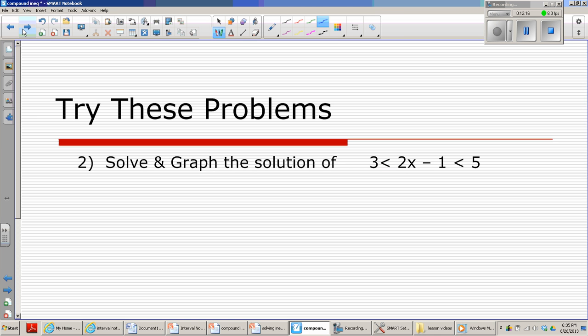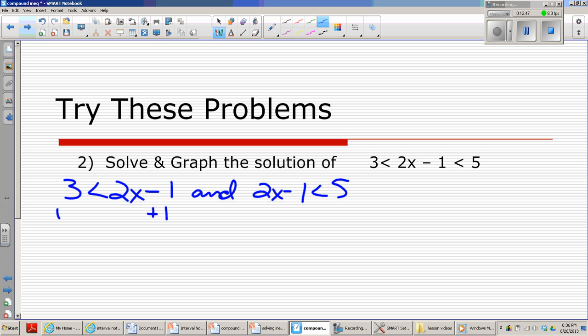For this last problem, we have another and situation because we have one combined inequality. We can separate this into two inequalities. 3 is less than 2x minus 1, and 2x minus 1 is less than 5. We can solve each of these separate inequalities.